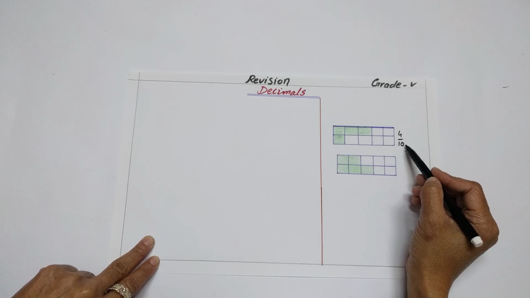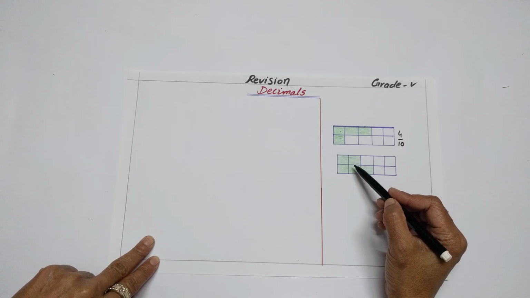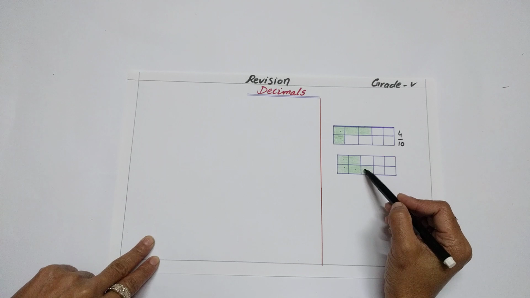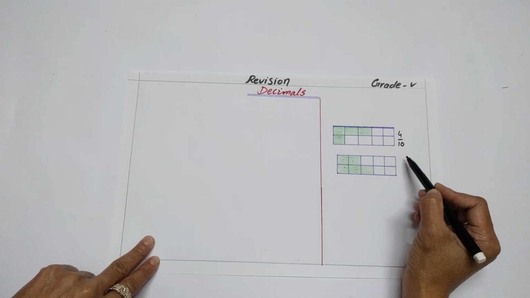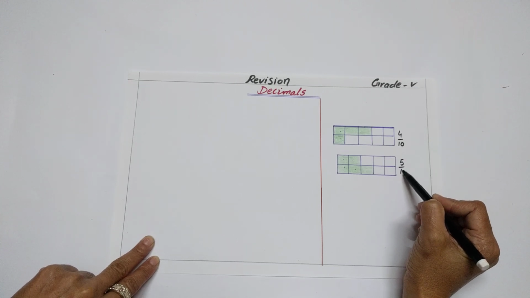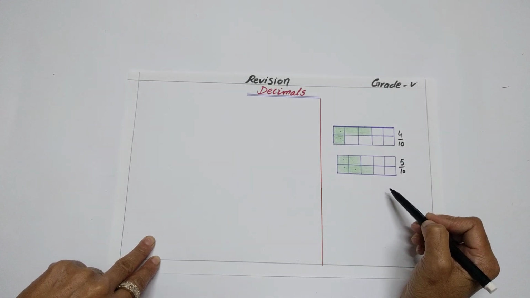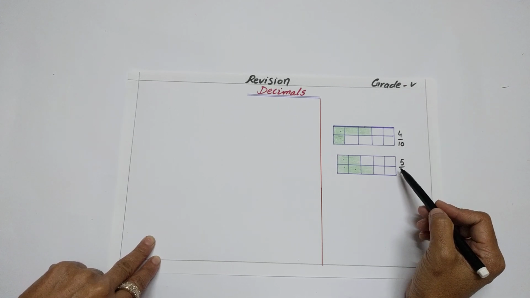Now if 5 squares are shaded, 1, 2, 3, 4, 5, then we can write it as 5 by 10, 5 out of 10. 4 by 10 and 5 by 10 are called fractions.